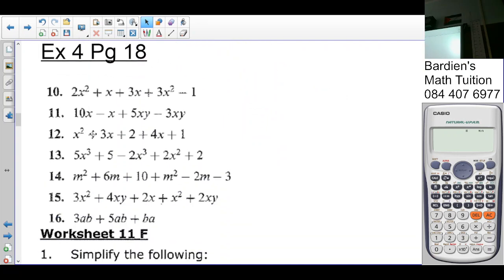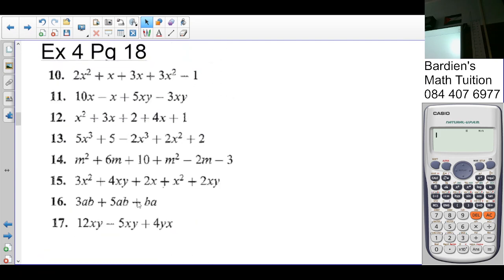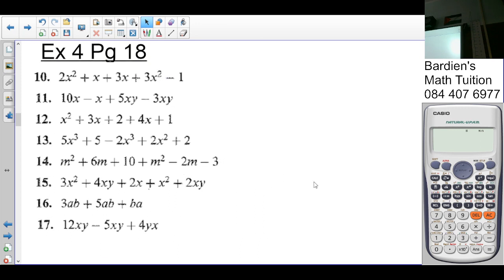So now we're looking at the second half of this. Okay. So we got 2x squared plus x plus 3x plus 3x squared minus 1.